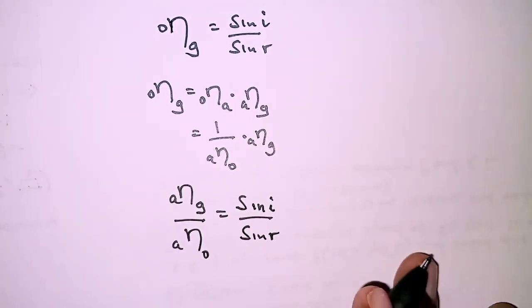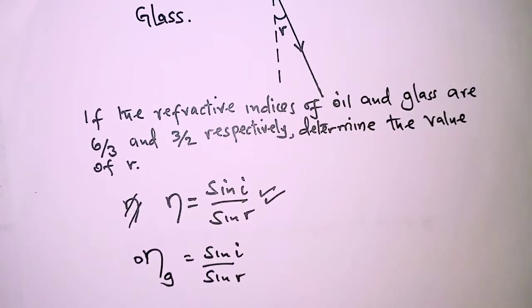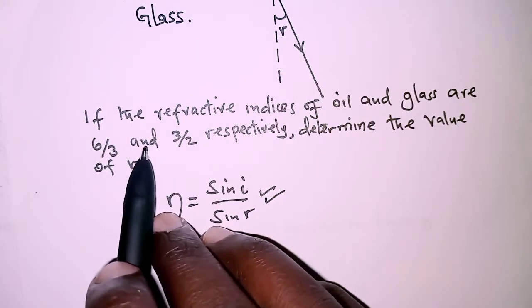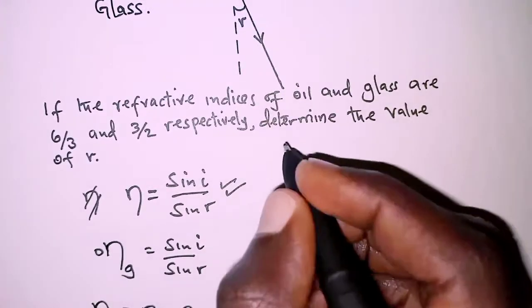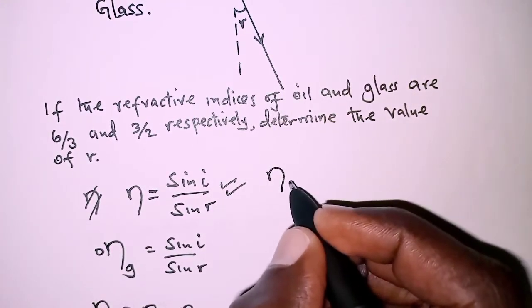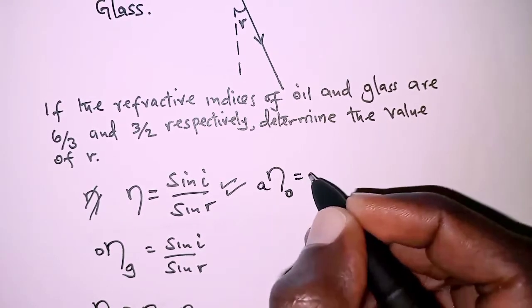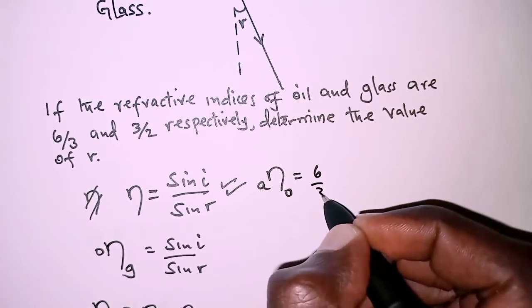So from the question, we are told that the refractive index of oil is 6/3. So that simply is refractive index of oil with respect to air, that we already given as 6/3.